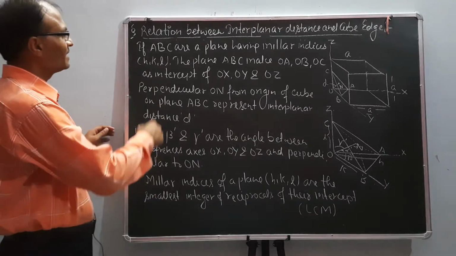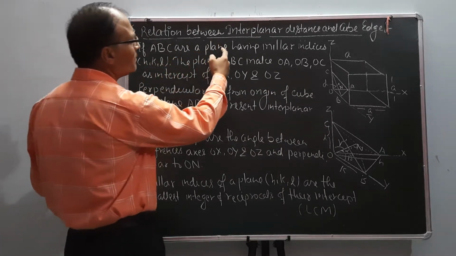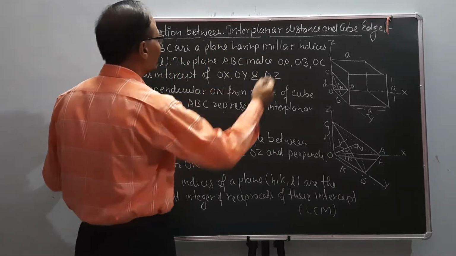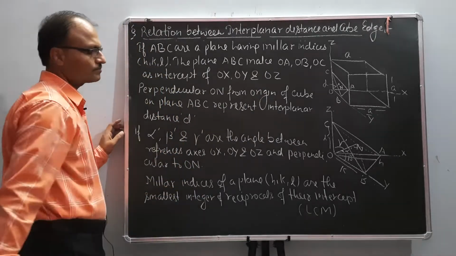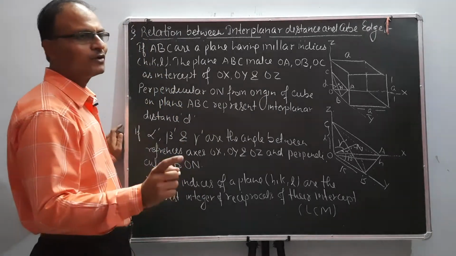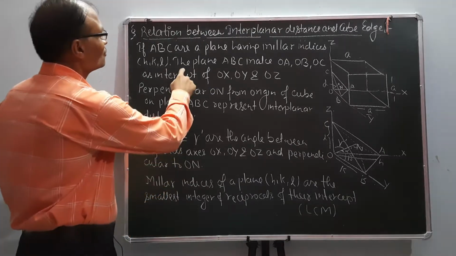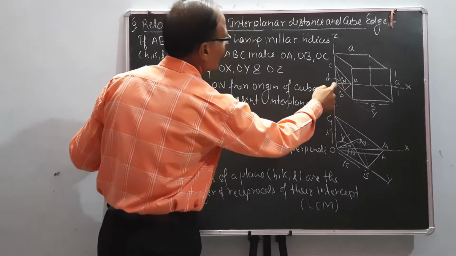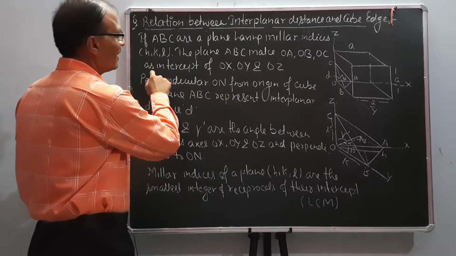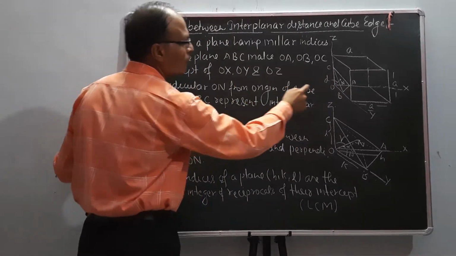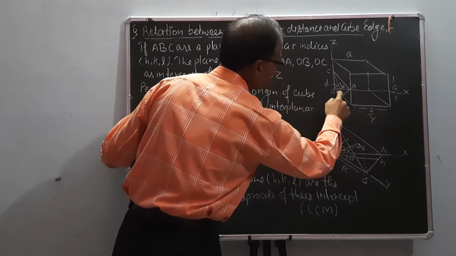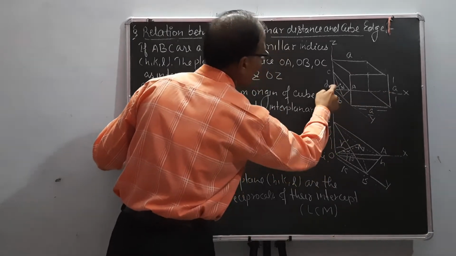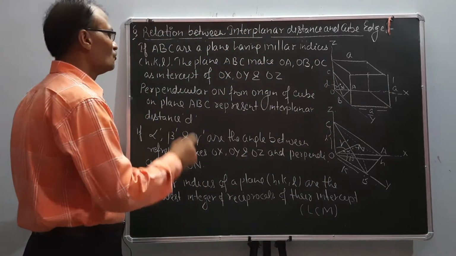Move to our relation. If ABC is a plane having Miller indices HKL, 1 upon H, 1 upon K and 1 upon L. So, the plane ABC makes OA, OB and OC as the intercepts on OX, OY and OZ, which make a cube.